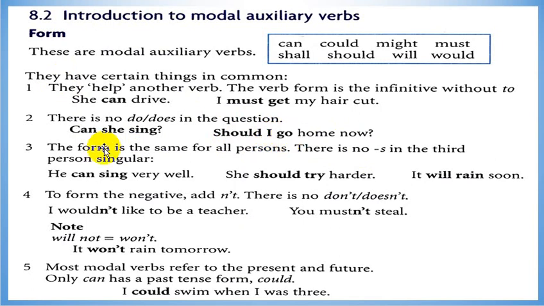Okay. Number 3, the form is the same for all persons. بمعنى there is no s in the third person singular. We already talked about how when using he, she, it as a subject with a verb we should add the third person singular s الشخص الثالث تضيفها للفعل. لكن عند استخدام auxiliary verbs الأفعال المساعدة لا نضع اس الشخص الثالث.